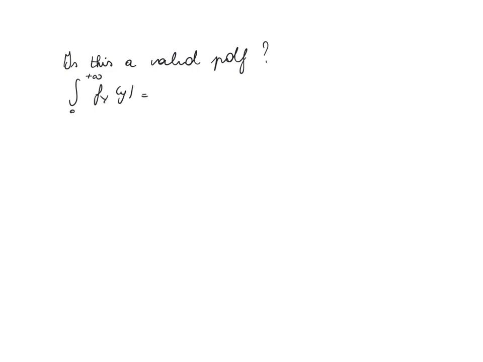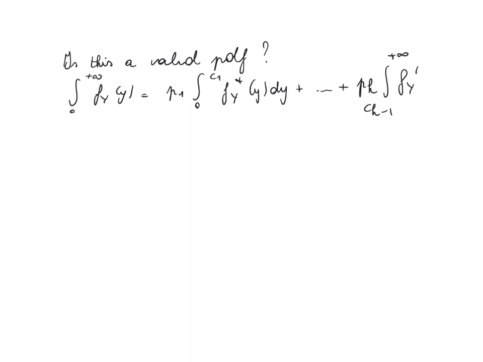So if we work out this integral, what you see is that we'll have to work with smaller intervals, because our components in the spliced distribution only take values different from 0 on certain intervals. So this is component 1, this would be component k.